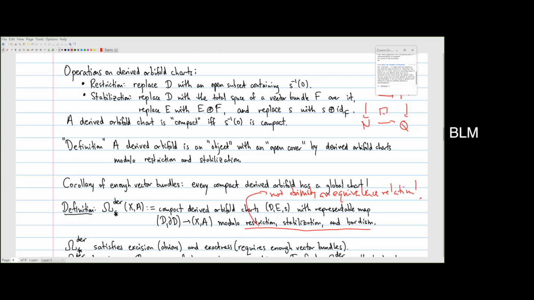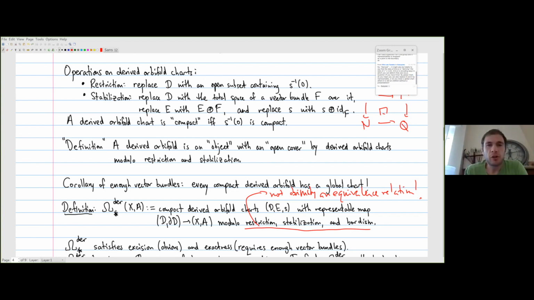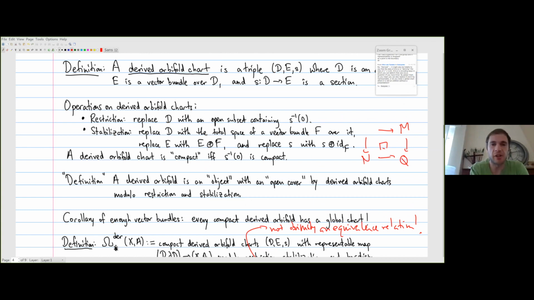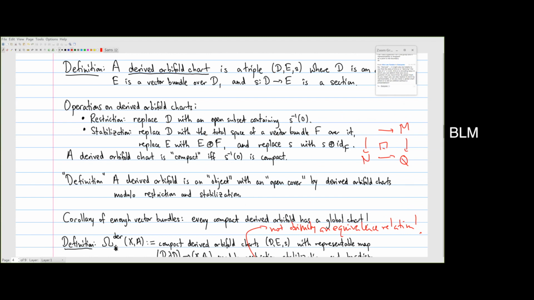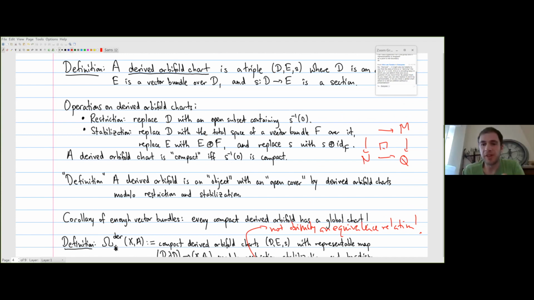It's just a presentation. So by global, I just mean that there's a single derived orbifold chart which describes the whole derived orbifold, rather than having to glue a bunch of them together. In the case of an ordinary orbifold, it's already a global chart. I'm not talking about a global quotient. There's no global Gamma. There's no global group. That does not get globalized. Definitely just the obstruction space gets globalized.